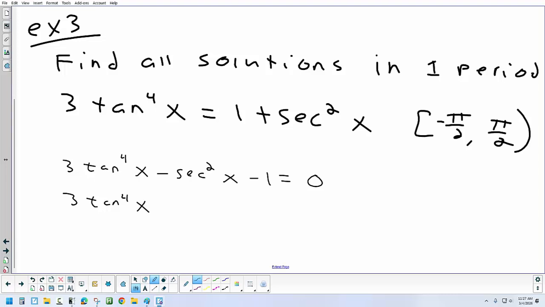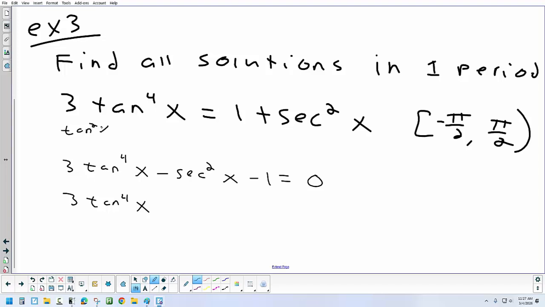What's the identity that has secant squared in it? Yep. Pythagorean identity. Because we got to change it to something that has tangent. Changing that to cosine still leaves us with a mixture of different trig functions. Yeah.